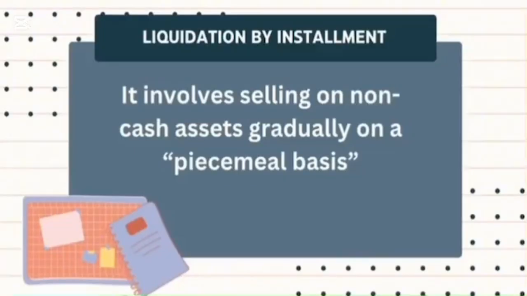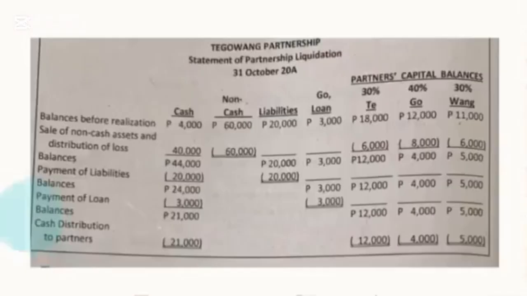Go loan account is offset against his capital deficiency. Go loan 2,000, Go capital 2,000. Capital 10,000, distribution of loss 21,000 pesos, balance 25,000 pesos, payments of liabilities 20,000, balance 5,000. Therefore, the cash distribution to T is 5,000 pesos.